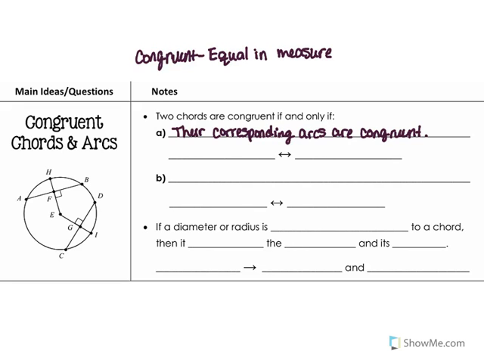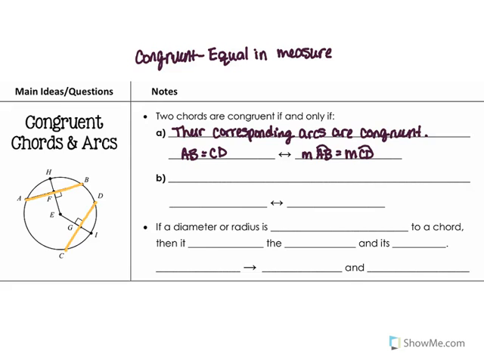So for example, AB equals CD if and only if the measure of arc AB is equal to the measure of arc CD. So let's look at this and see kind of what that means. So AB is this chord and CD is this chord.